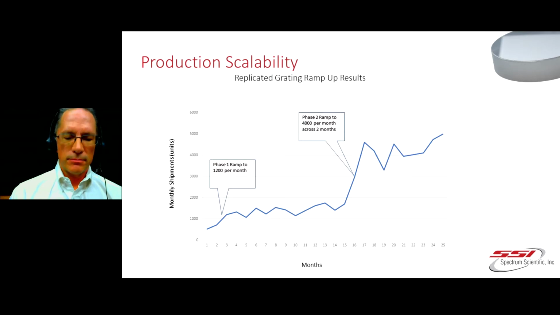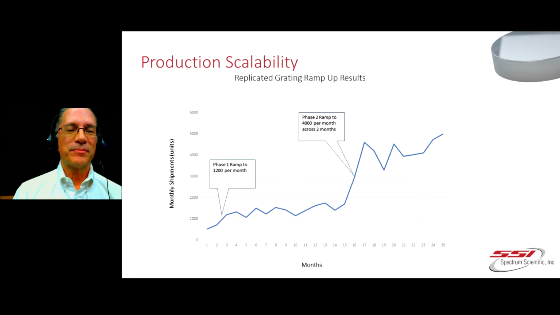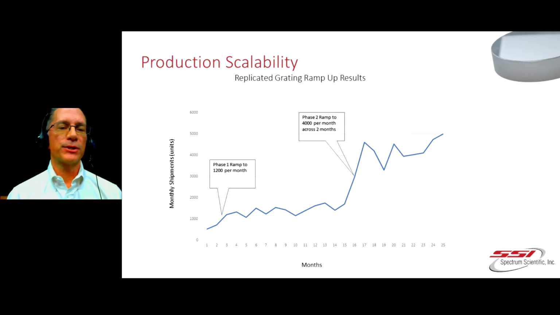This is an example of a diffraction grating ramp up. It's really no different than any other mirror. The replication process is really the same for mirrors or diffraction gratings.